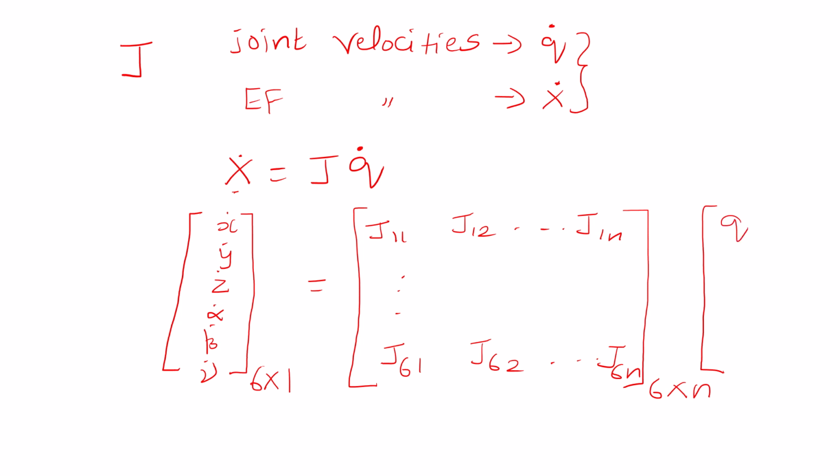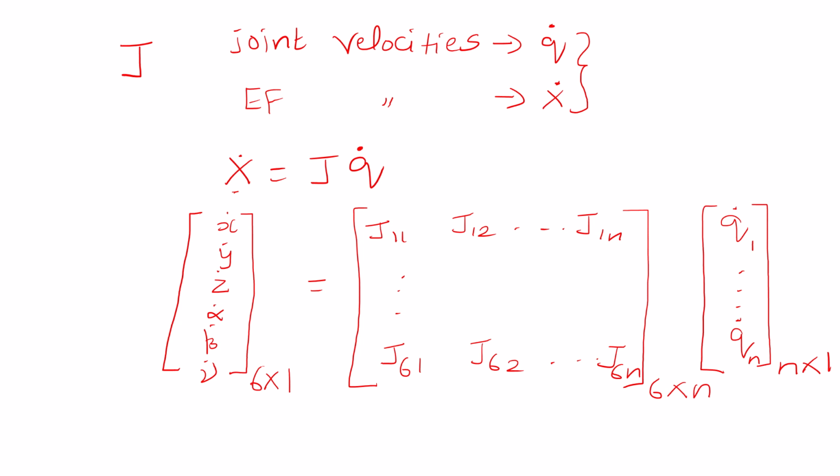It depends upon the number of joints in the particular manipulator. Say if you have n joints in the manipulator, the size will be n cross 1, right? So this is the mathematical representation of the Jacobian matrix.